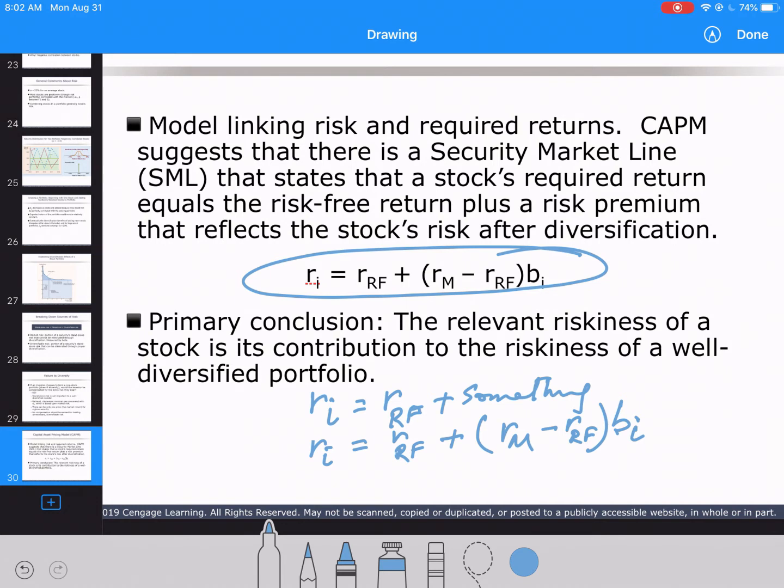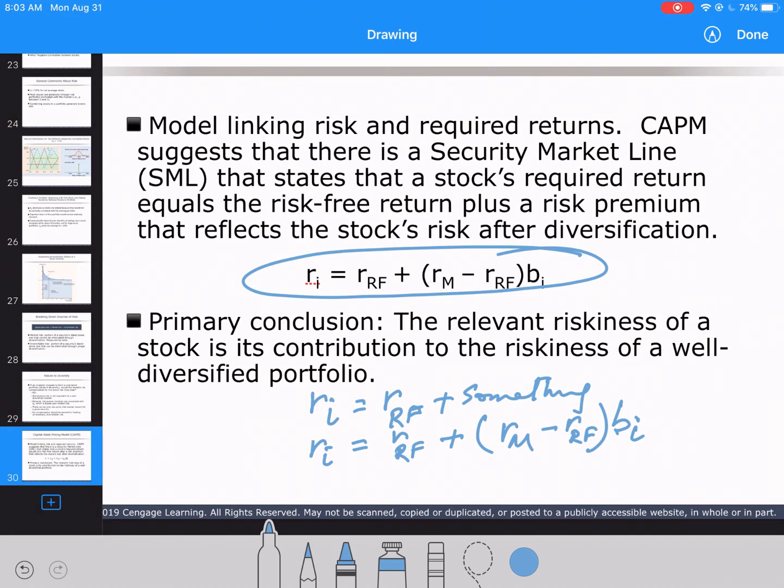Beta is a parameter that measures how my security is related to the market. If beta is 1, that means my security is as risky as the market. If I hold the entire Dow Jones, that will still be risky for me because the market falls. So if my security is the same as the market, that means beta is equal to 1.